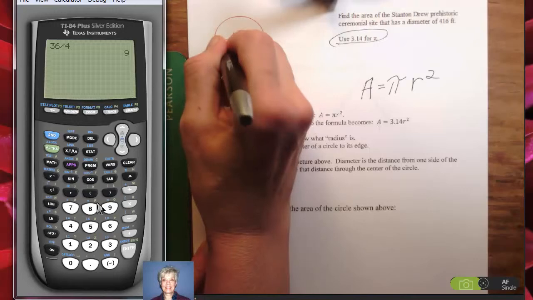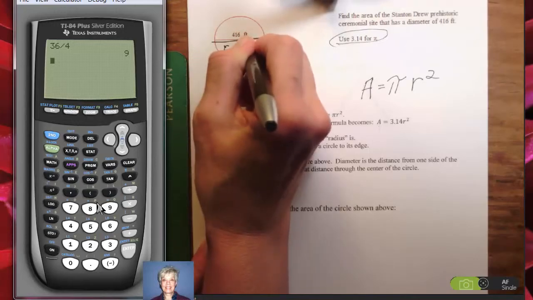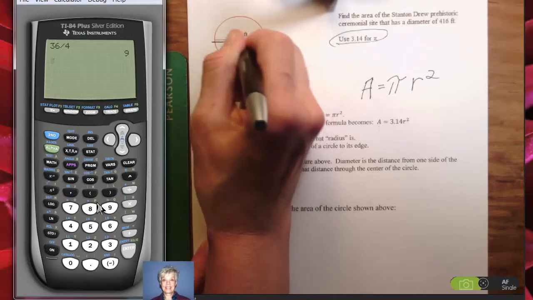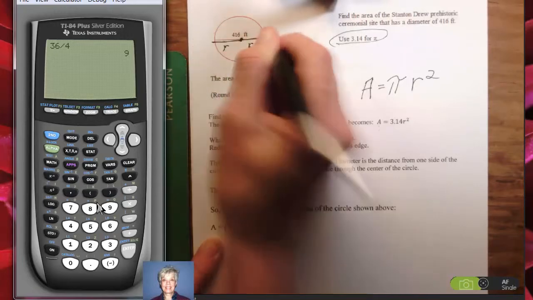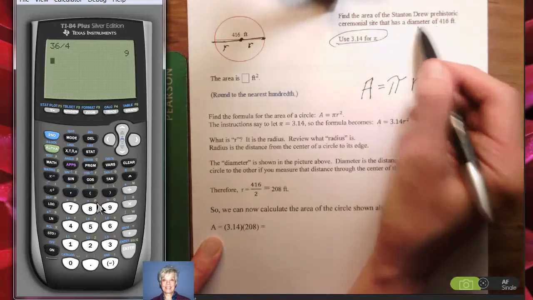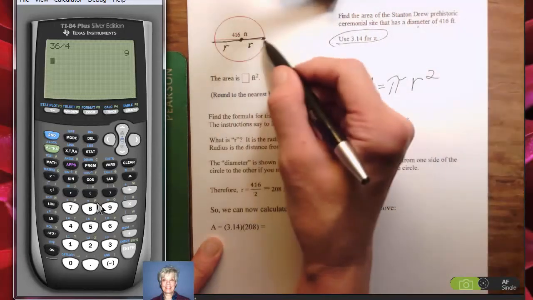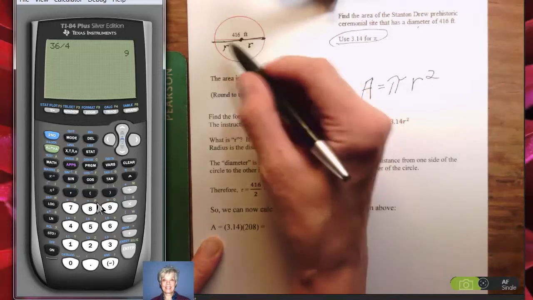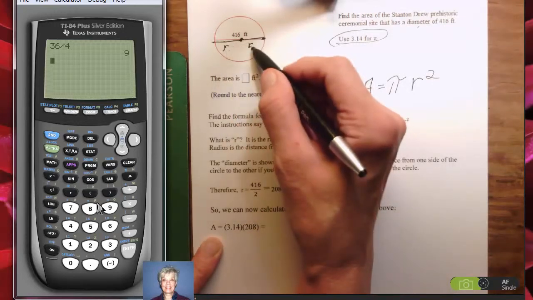So if you have two radii, that's the plural, together, that makes up the diameter, which is what the problem says you were given.